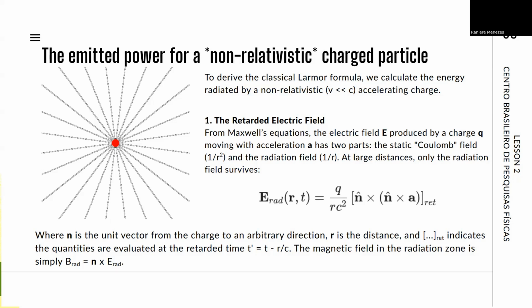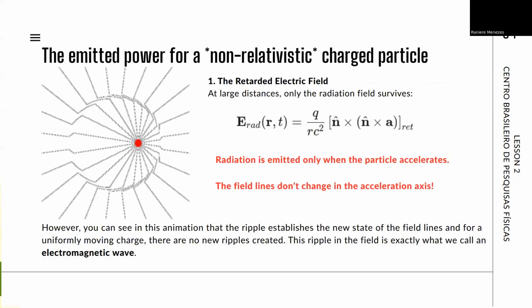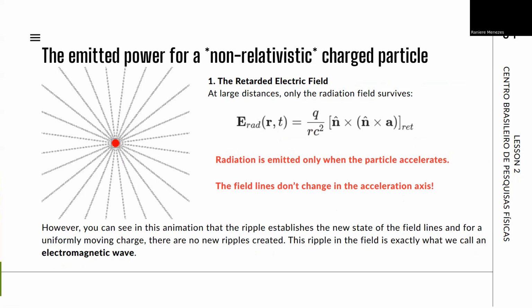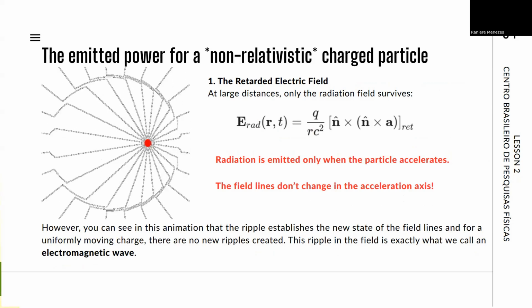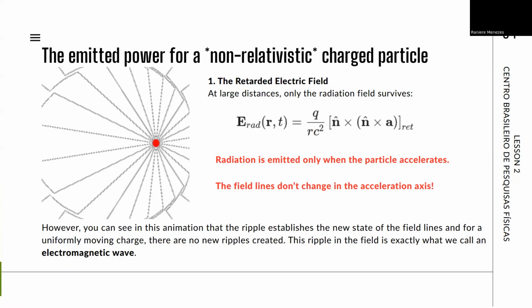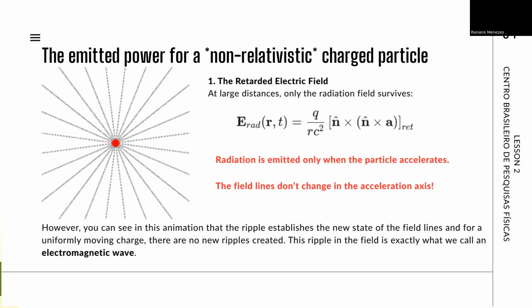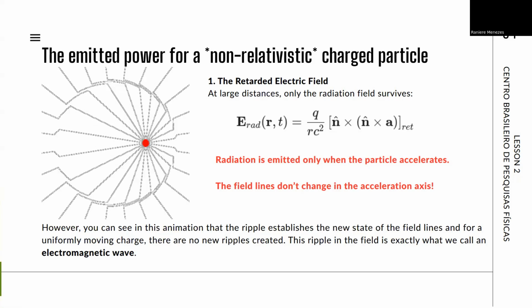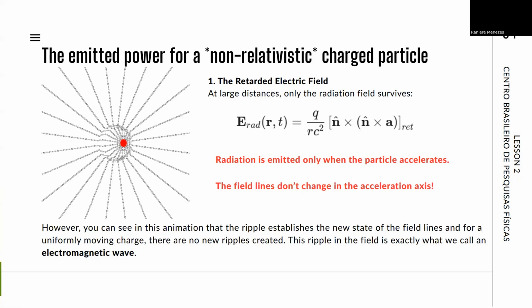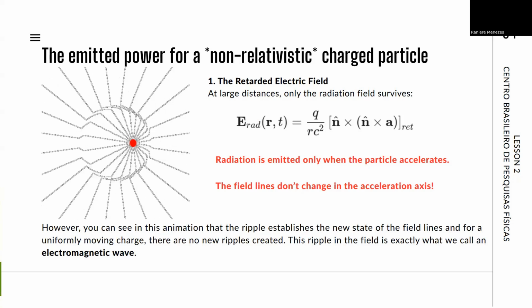Let's suppose this is a charged particle, and these are the electric field lines. If the particle moves, we see a ripple propagating in the field lines. Notice something very particular here. In the direction of the acceleration, the field lines are not drawn here, but how do the field lines in the direction of acceleration change as the particle accelerates?